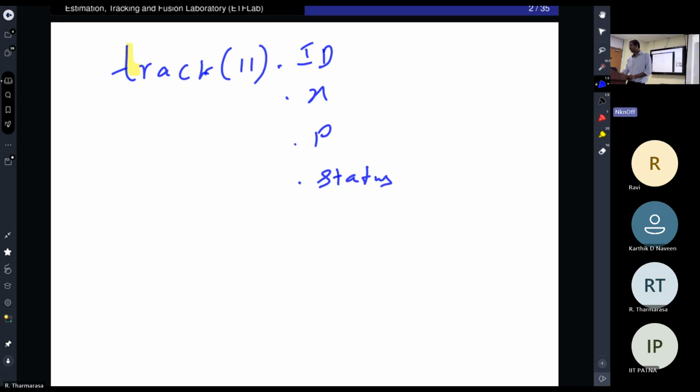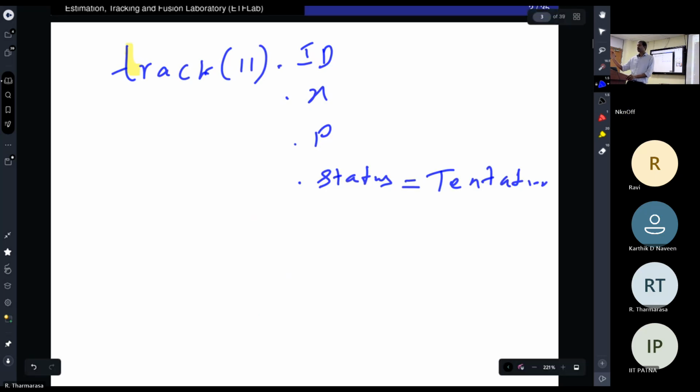This one we always say is tentative. When you create a new one, you say tentative. And what can the ID be? The last ID plus 1. Now, mainly we are going to talk about how to do these two. That is the main thing about track initialization.